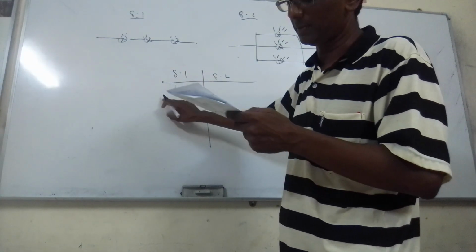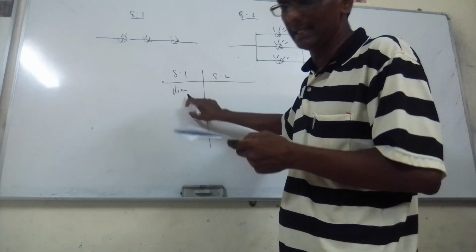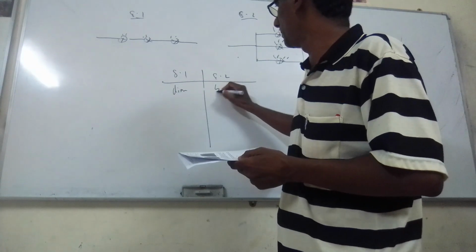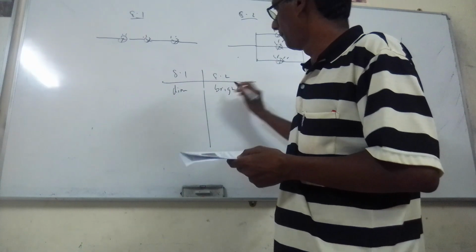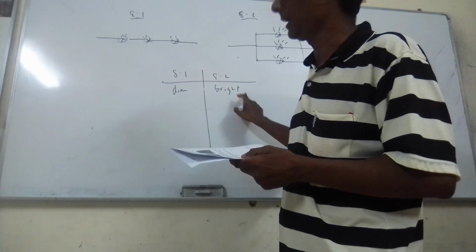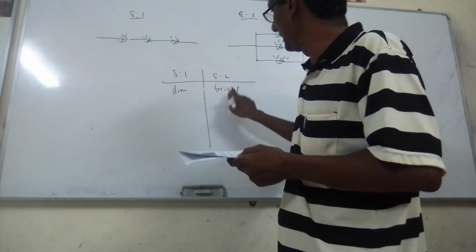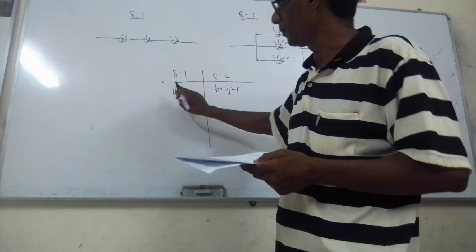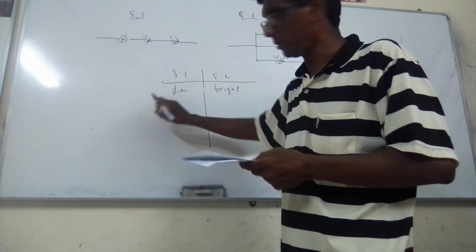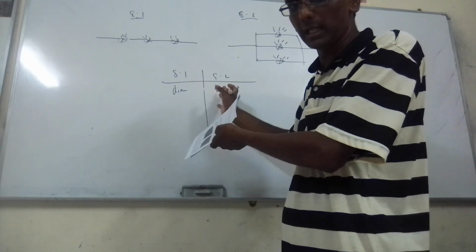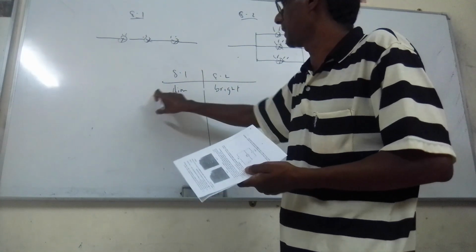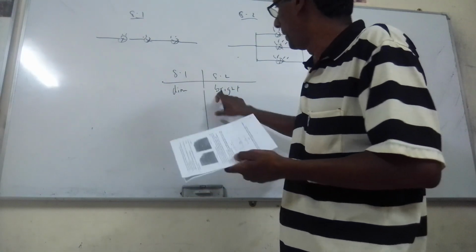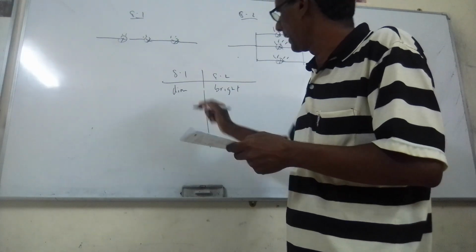In 8.1 the bulbs are dimly lit, and in 8.2 the bulbs are brightly lit. Don't write the short form. Okay, next question.